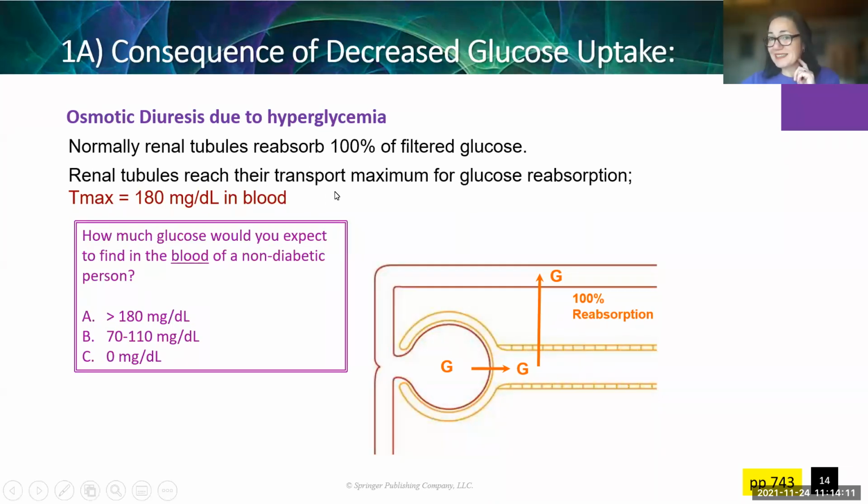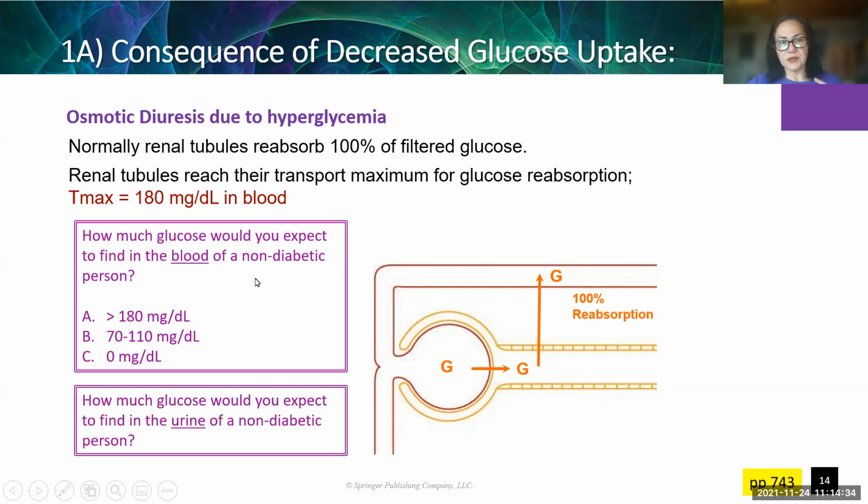So this is what I do for my undergraduate students. How much glucose would you expect to find in the blood of a non-diabetic person? We're talking about blood and somebody that does not have diabetes. The normal levels would be between 70 and 110 milligrams per deciliter. That's what you would expect in the blood.